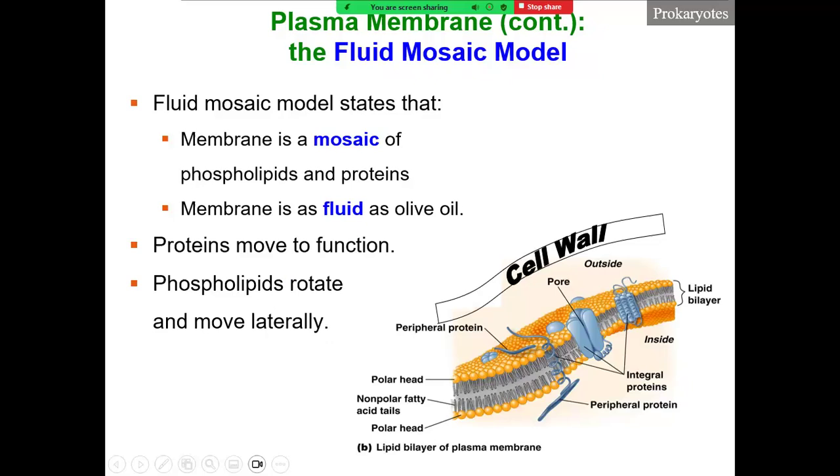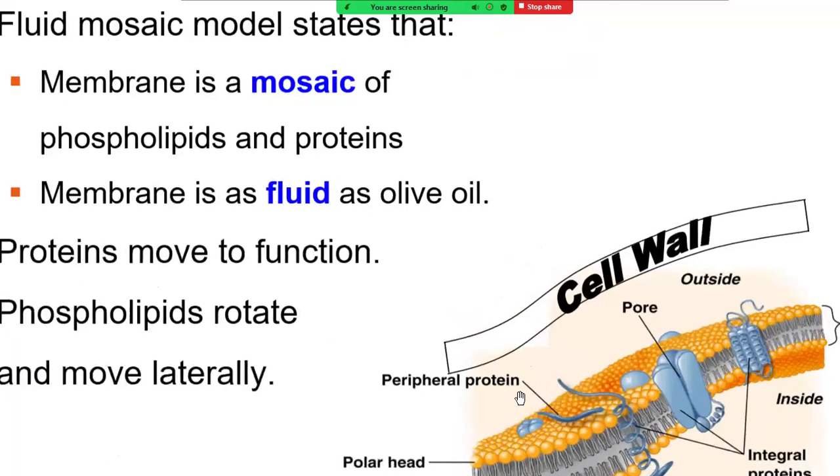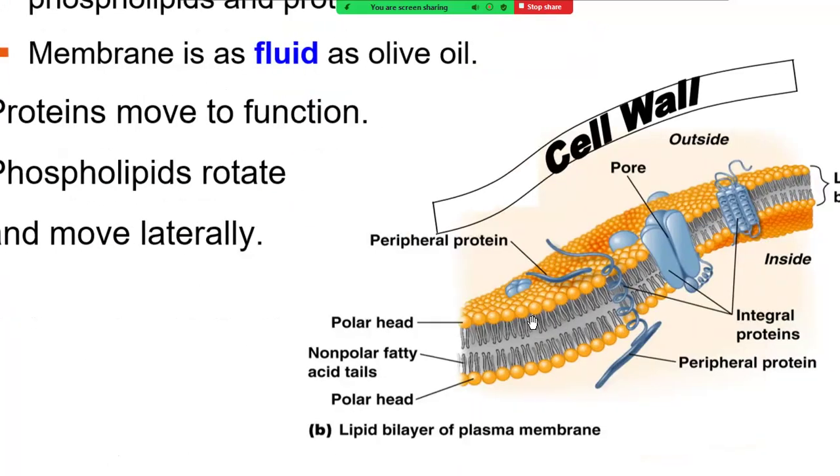That's actually why water can move into the cell. Water cannot get through the lipid bilayer. This fatty acid portion of the lipid bilayer will keep water from moving across. But every once in a while, this molecule will move over here, allowing water to come into this position.